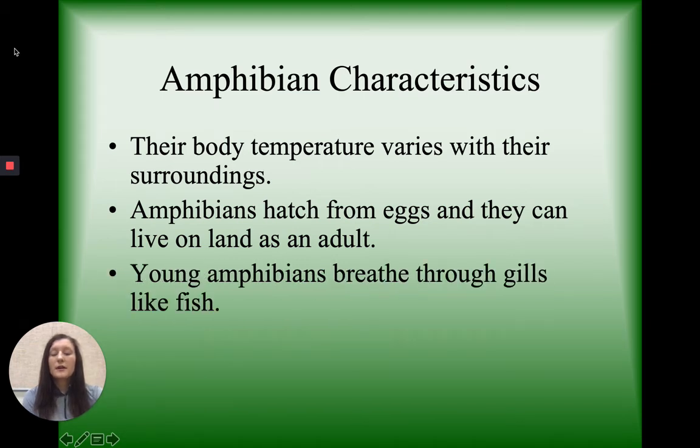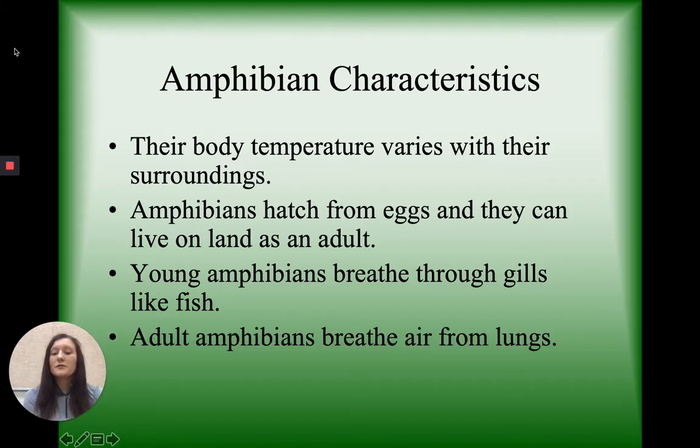Young amphibians breathe through gills like fish do, but adult amphibians breathe air from their lungs. So when they're young, they breathe through gills like a fish, but when they are considered an adult, they develop lungs and breathe air.